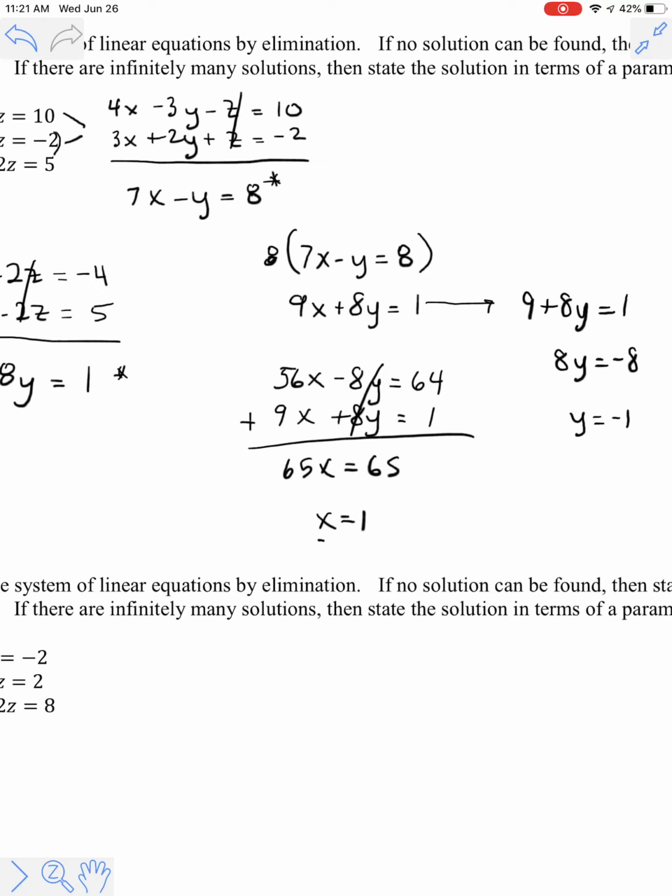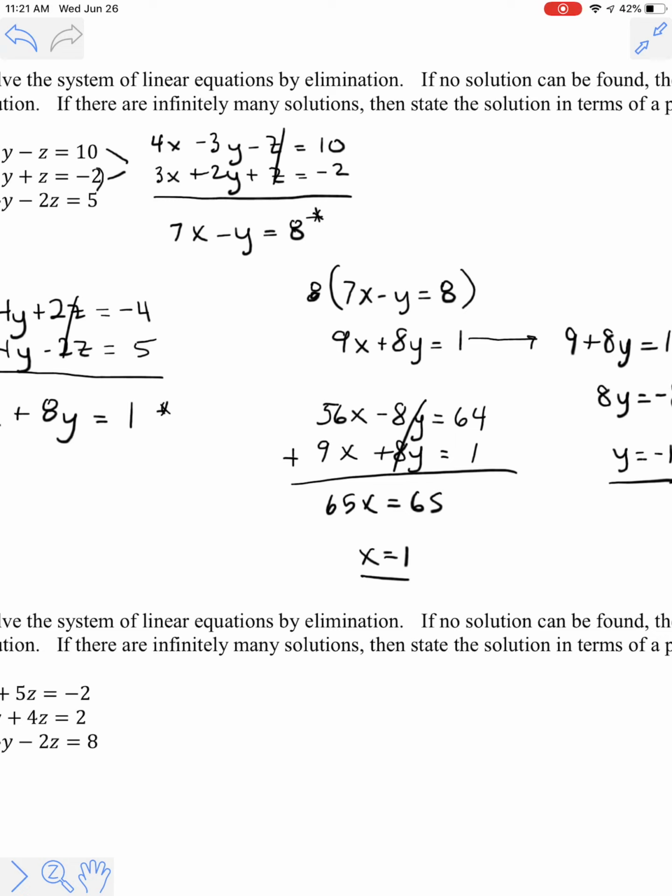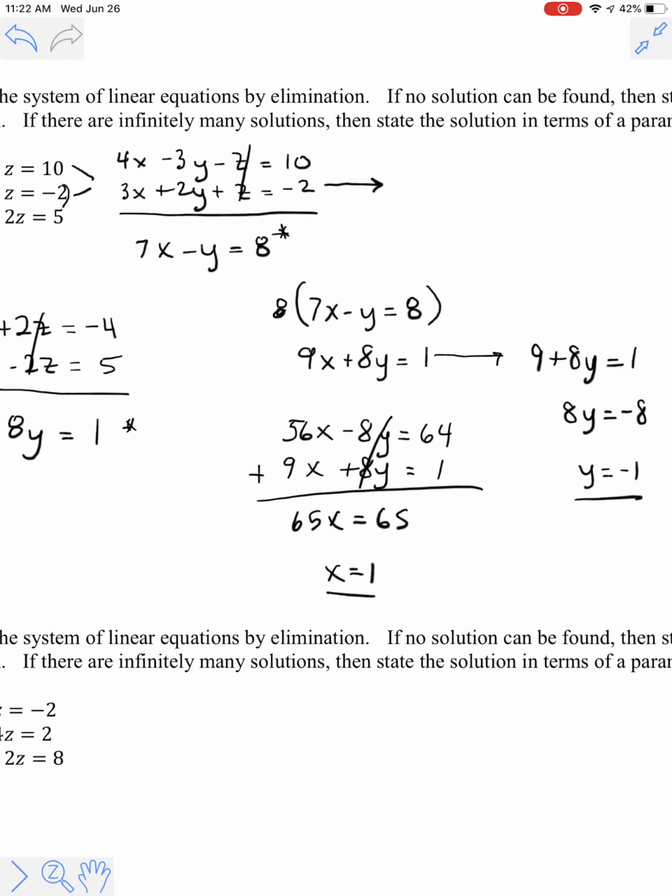And now that I know x and y, I can go to one of my original equations with 3 variables to find z. For example, if I take that one, I know that x is 1, so 3 times 1 is 3, and y is negative 1, so 2 times negative 1 is negative 2.